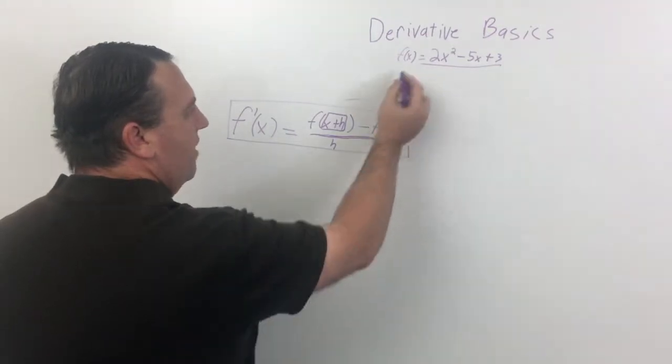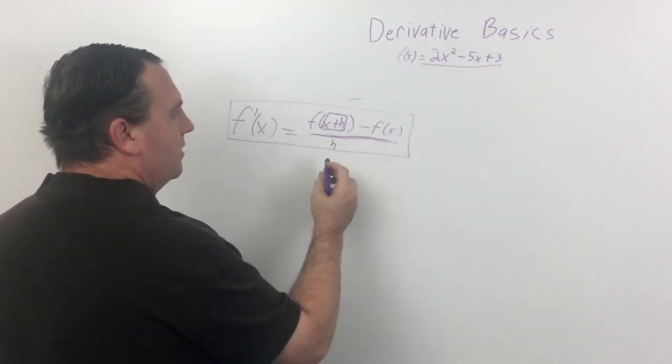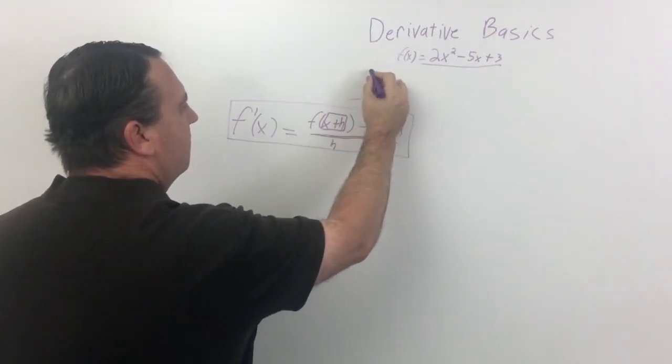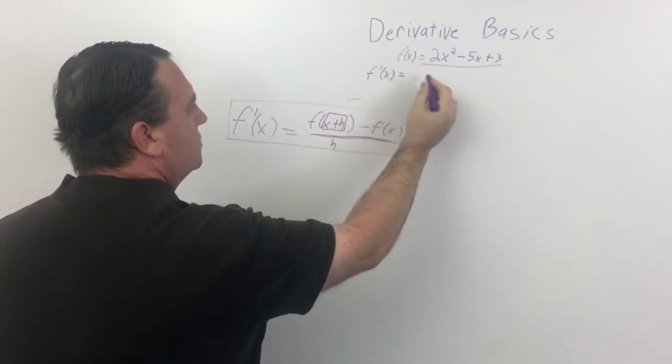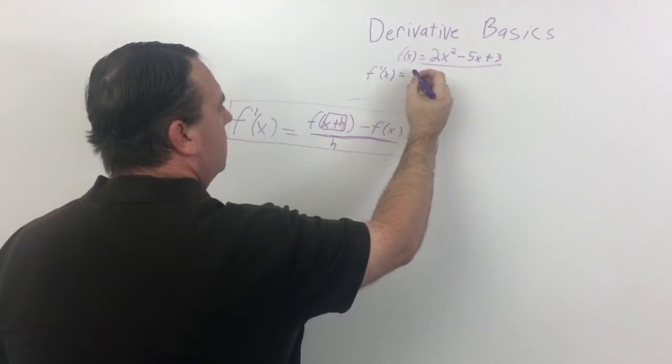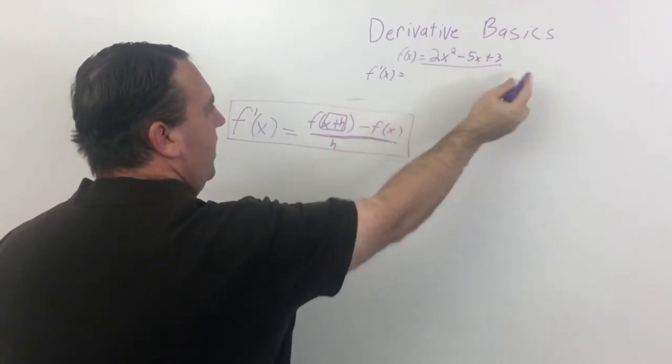And now we can use the same formula to find the derivative of that function. So if f of x is this, then f prime of x is going to be, we're going to put x plus h in for x in this whole thing.